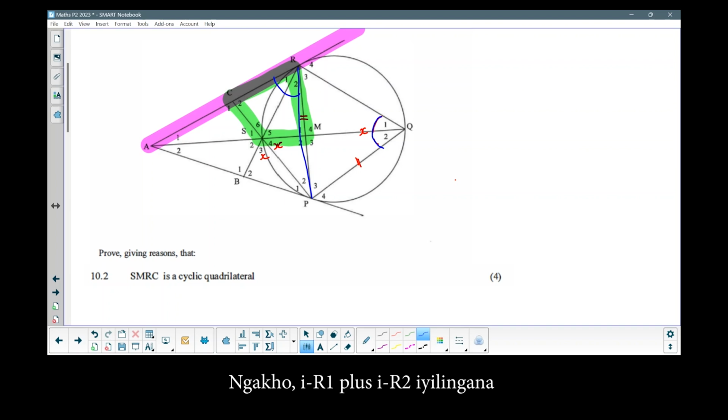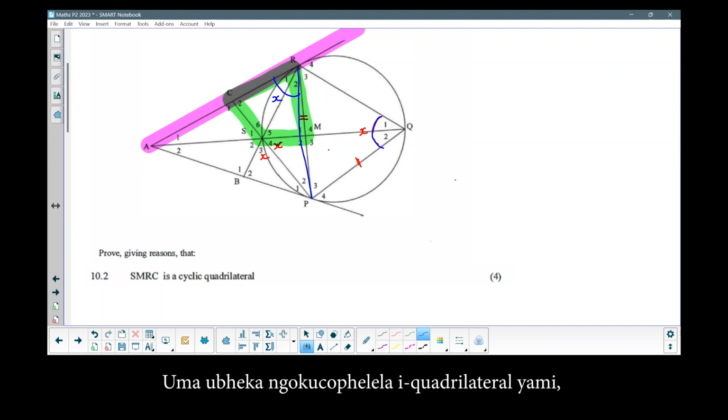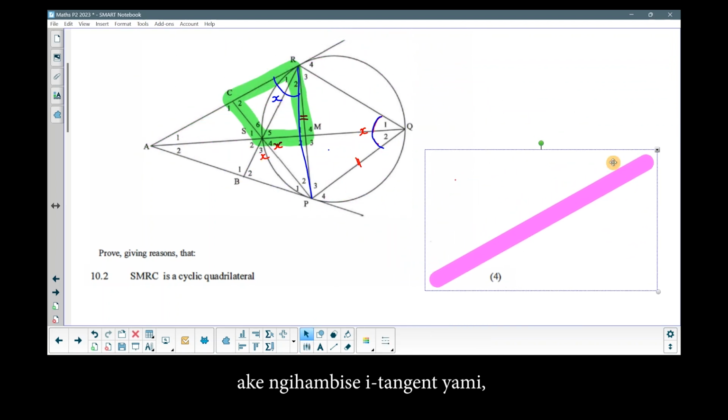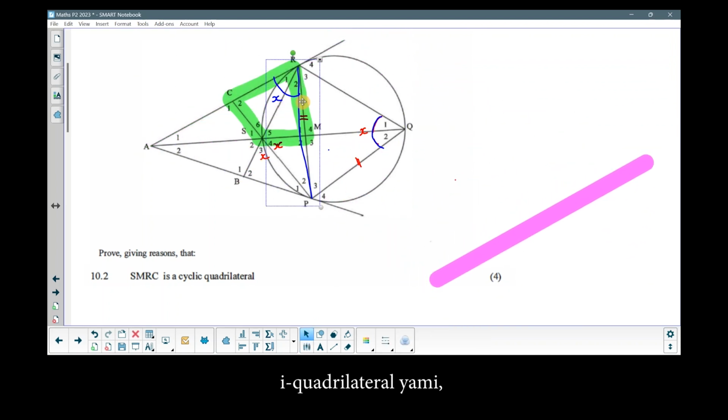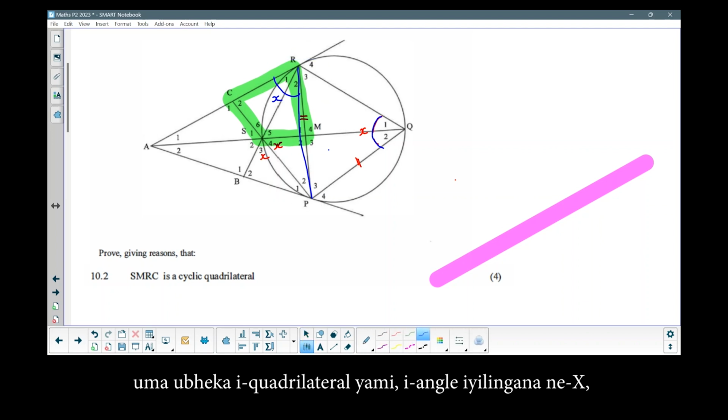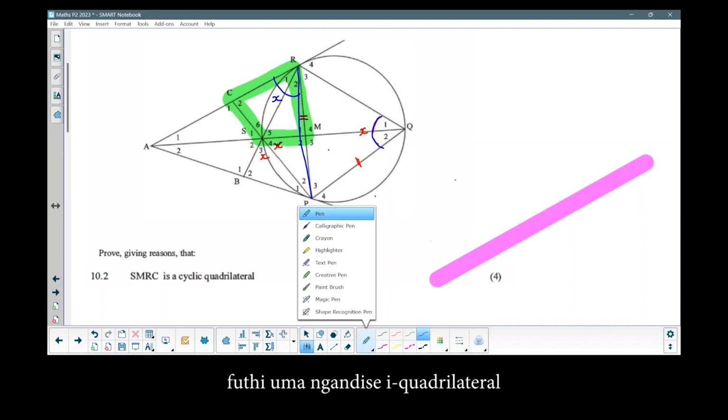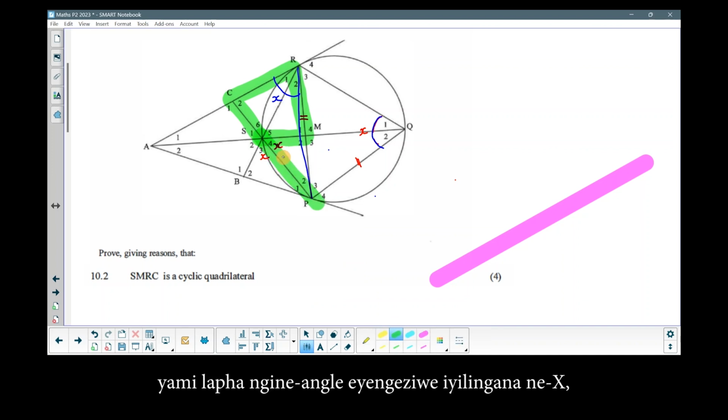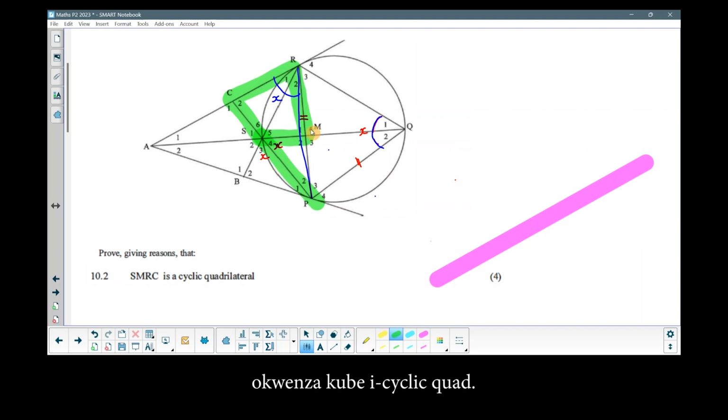So coincidentally, R1 plus R2 equals PQR, which is also X. And if you look really closely at my green cyclic quadrilateral, let me just move my tangent out of the way, I have this equal to X. And if I extend my quadrilateral here, I have the exterior angle also equal to X, and that makes it a cyclic quad.